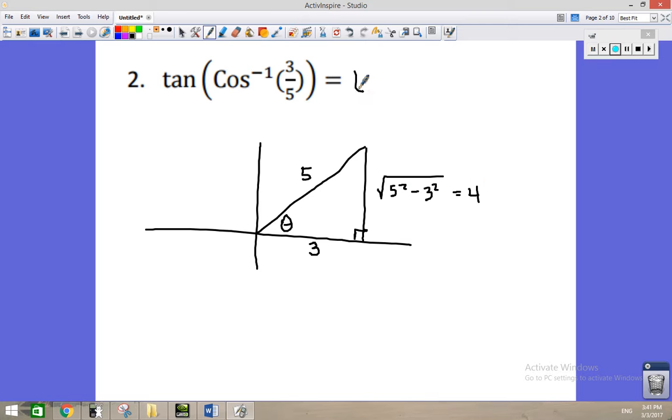So this is the tangent of theta, because we're letting it be theta, and so it's SOHCAHTOA, the length of the opposite side divided by the length of the adjacent side. So our final answer is 4/3.